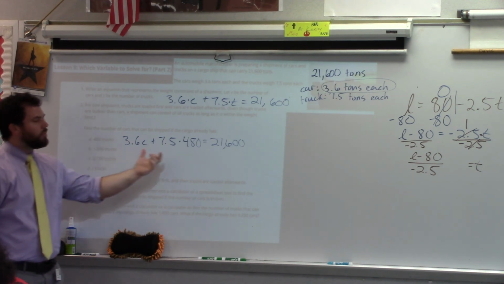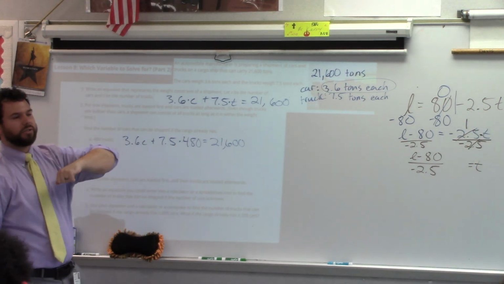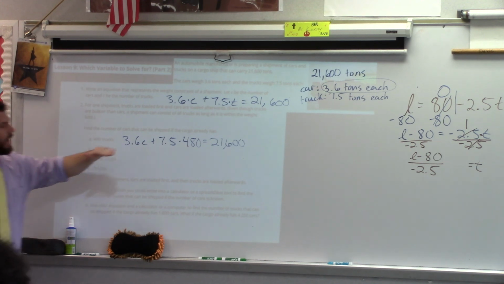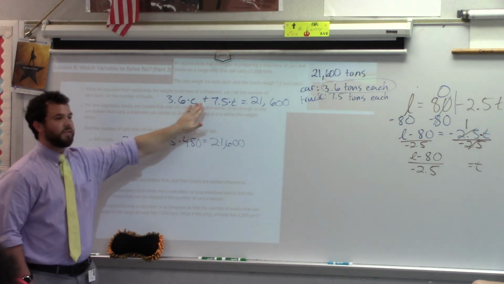Okay, but why are we multiplying? Someone else, I need some more ideas about why those two things are being multiplied. Wait, say it again. Why is it no longer 3.6C plus 7.5T?